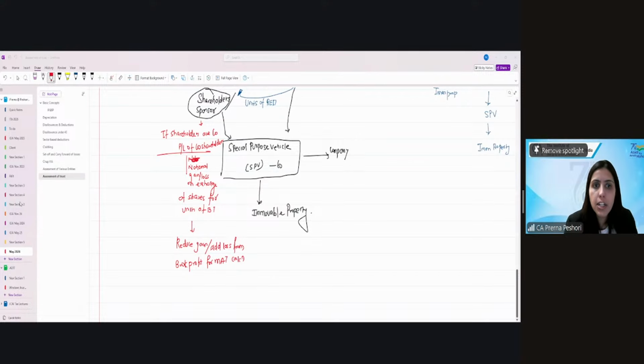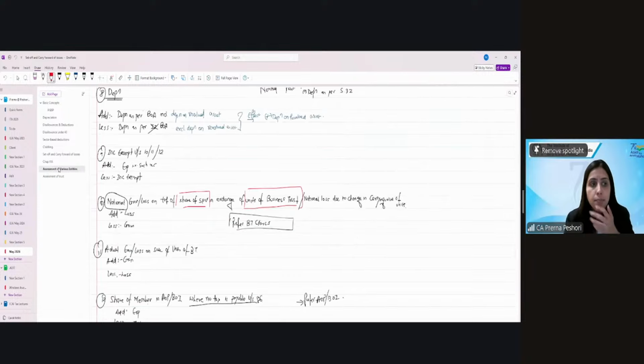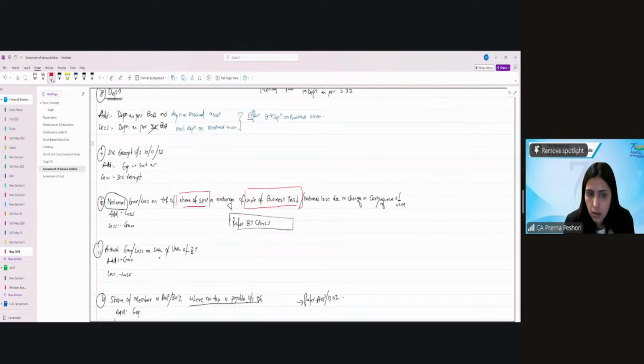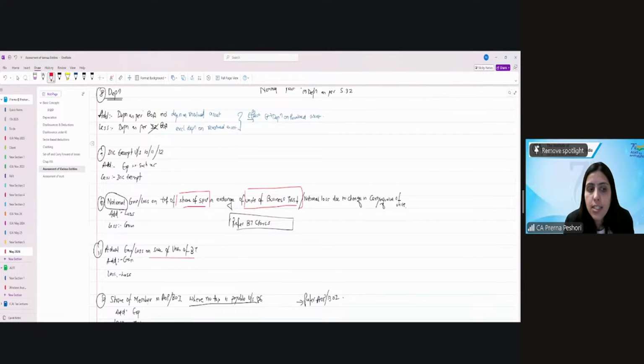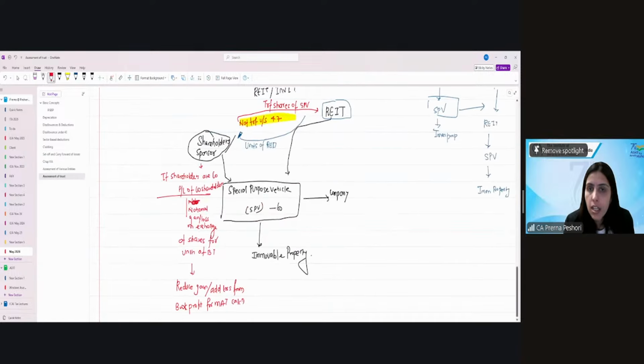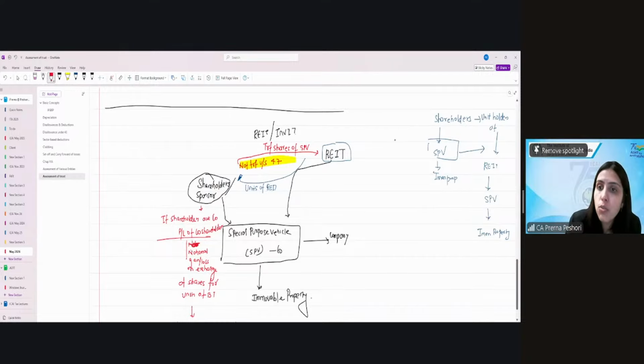Is this clear till now? And what did I tell you here? The actual gain or loss on sale of units of business trust has to be added. So that means what? When these shareholders sell the units of the REIT, at that point in time, you will add or reduce it from the book profit. Clear? Yes or no?